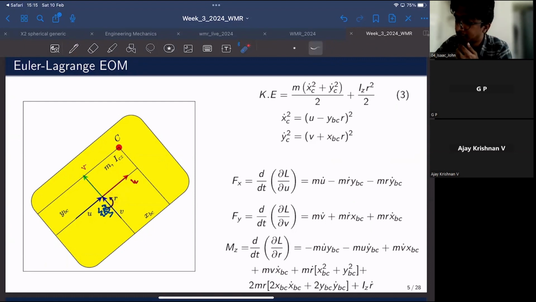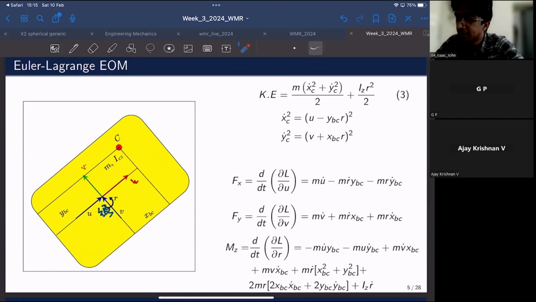And if the center of mass is at some other point, it need not always be coincident with the frame of reference. It could be somewhere else. Because practically, we also need to consider the practical aspects, because however perfectly you design, the center of gravity will be slightly offset from the geometrical centroid of your mobile robot.